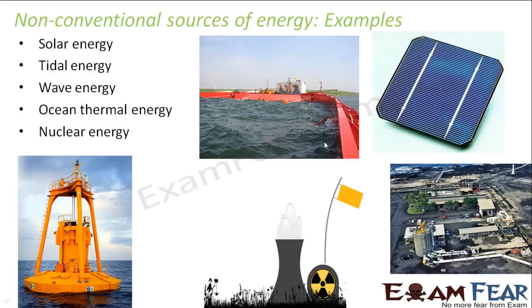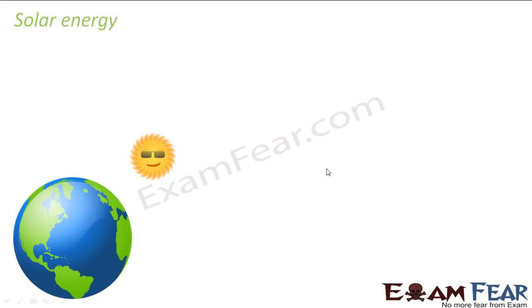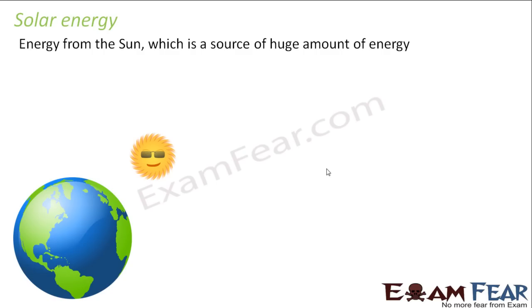So let us look at solar energy. As we all know, what is solar energy? It is the energy from the sun, which is a source of a huge amount of energy. Now the point is, how do we actually utilize solar energy for our practical purposes?